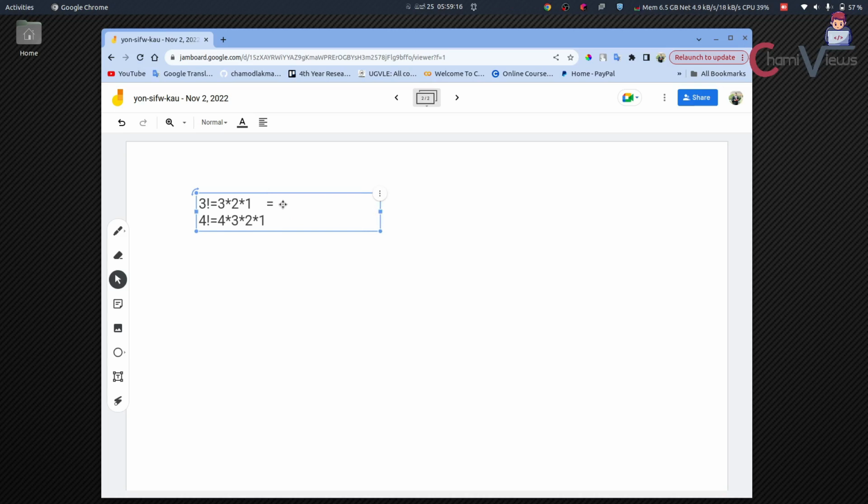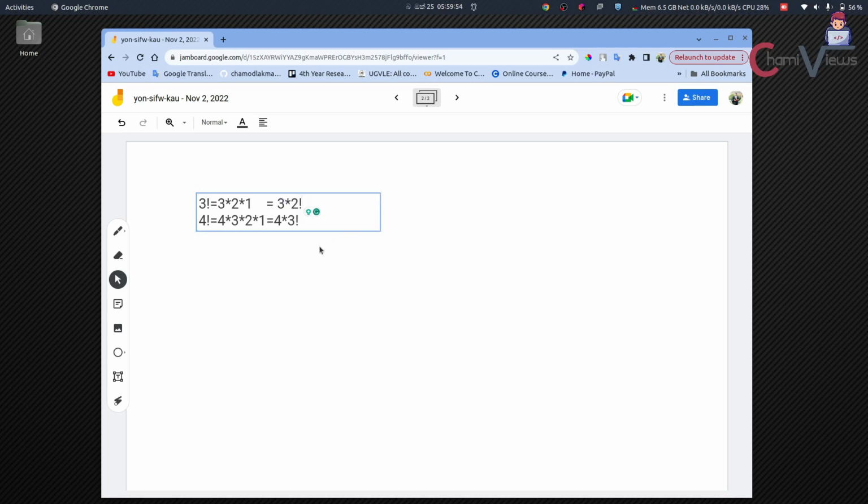Here we can simply say 3 multiplied by factorial of 2, because factorial of 2 is equal to 2 multiplied by 1. Similarly, 4 multiplied by factorial of 3.